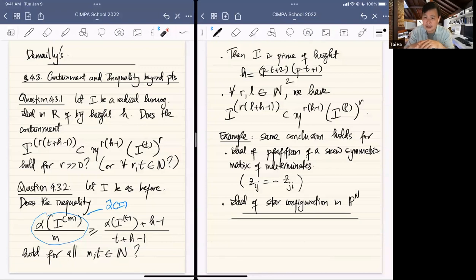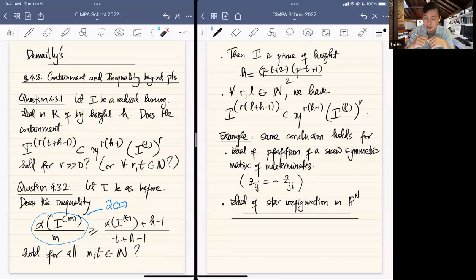Yes, the answer is yes. The question about the Waldschmidt constant is always a difficult question, even for monomial ideals. It's not very easy to compute the Waldschmidt constants. Because we prove the full containments, I think we prove an even more general version of that containment for square-free monomial ideals.